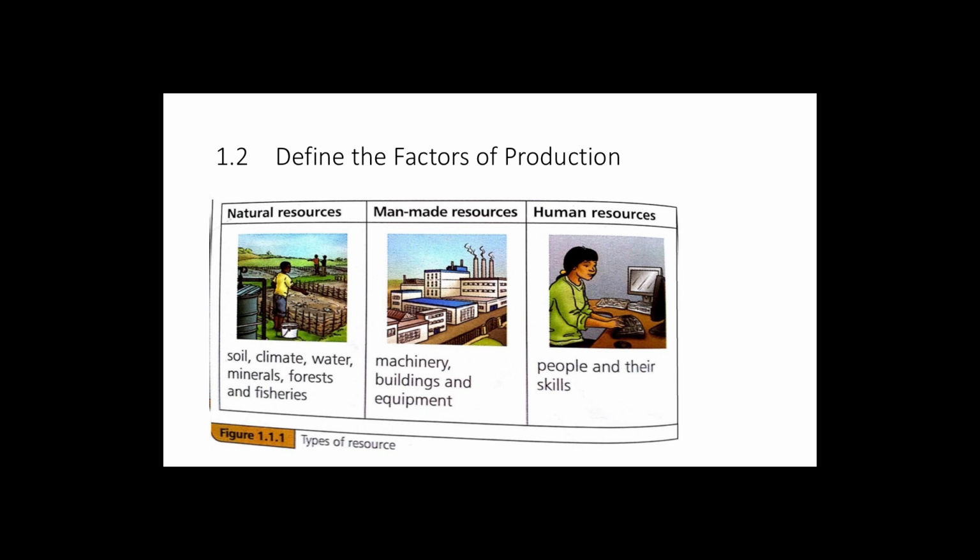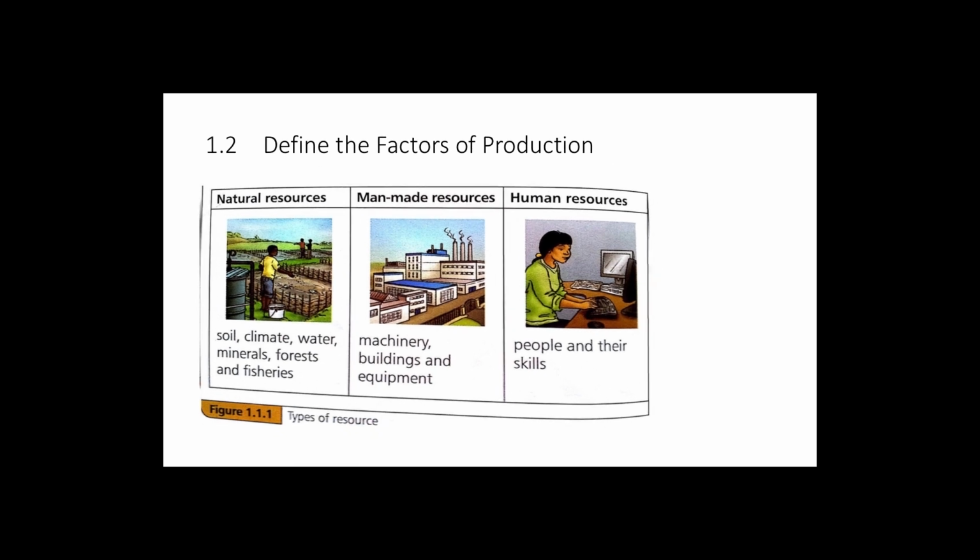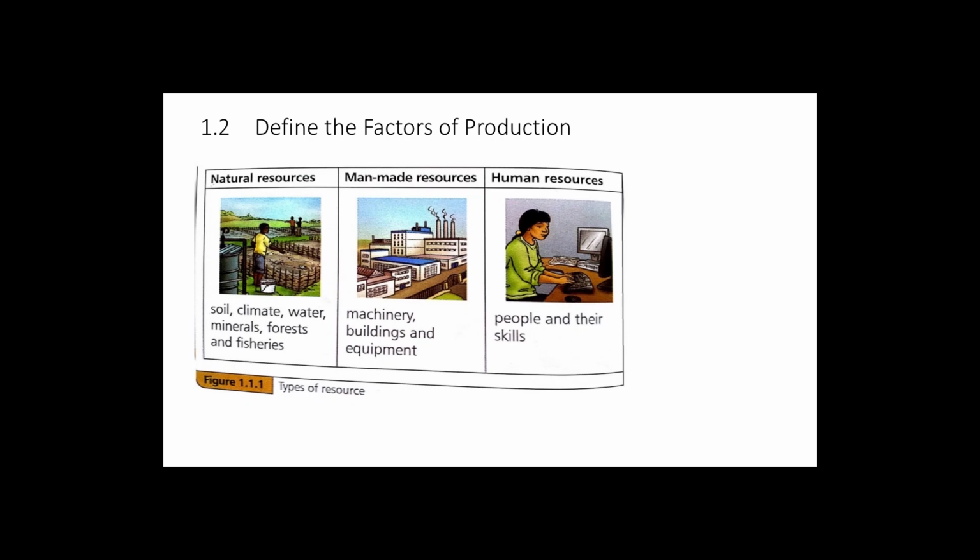So what are the 4 factors of production that you've learned? Land, labor, capital, enterprise. These are the 4 factors of production that we studied. So land is basically the natural resources.